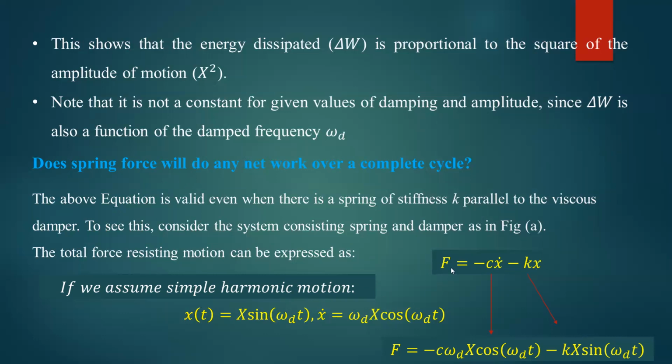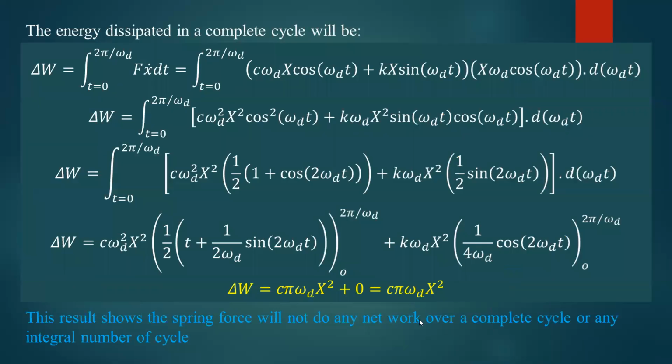The force has the term minus c times x dot, which is due to the damped vibration, and kx is due to the material stiffness. Assuming x = X sin(ωd t), x dot becomes ωd X cos(ωd t).